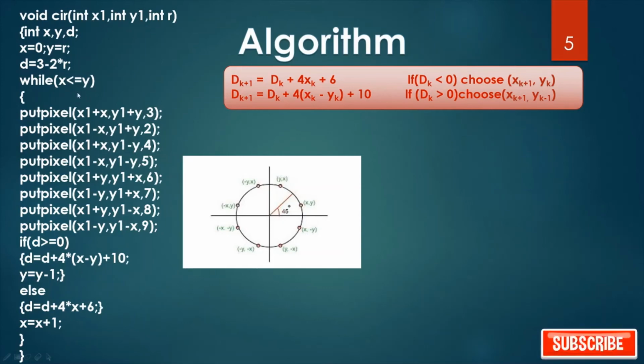So you have to write putpixel x1 plus x, y1 plus y, then the color; then x1 minus x, y1 plus y, then the color, and in this way for 8 octants you get 8 combinations. These numbers are the colors of each octant. I am drawing this circle in a different color in each octant.